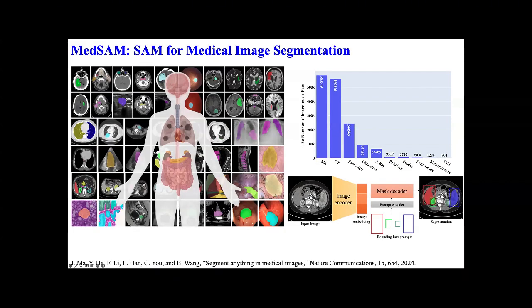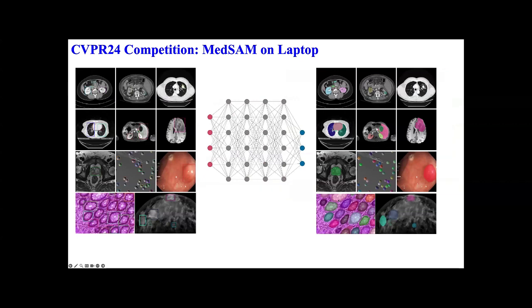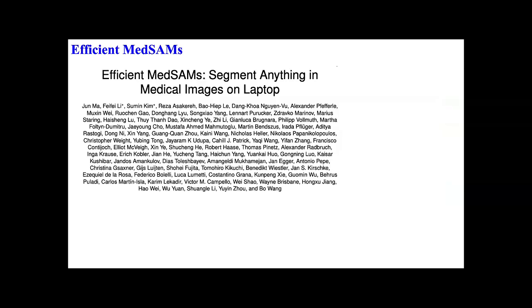Based on SAM, we built MedSAM by fine-tuning the SAM model on a large and diverse medical image dataset. However, the model still has high computational demand. To address this issue, we built a large dataset and organized this competition in CVPR 2024, MedSAM on Laptop, to accelerate the development of efficient medical SAM models.